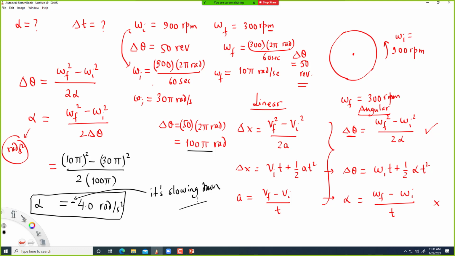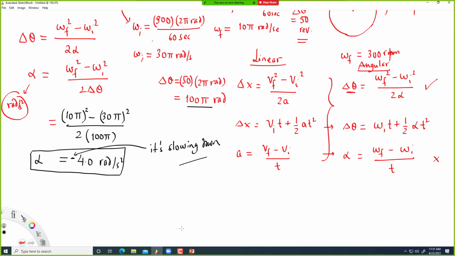Now the next thing is we want to find delta t. Again, look at the three formulas and see which one you want to use. We now have alpha, omega f, omega i, so that means we can use this third one. Rearrange this equation in terms of t. t would be omega final minus omega initial over alpha.